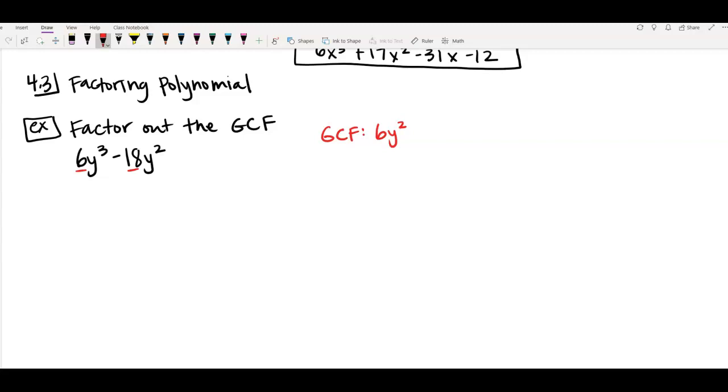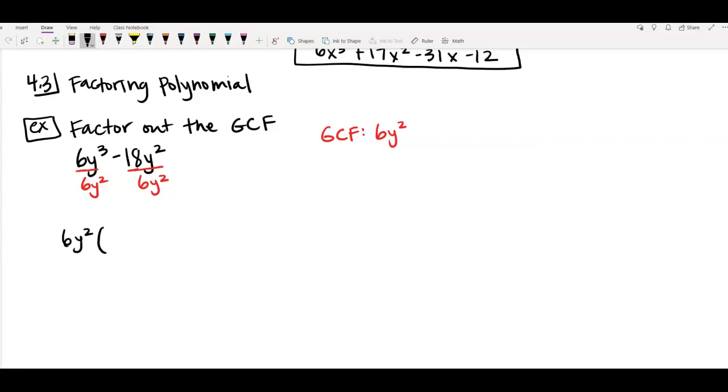All right, so some of the questions will say state what the GCF is and then factor it. All right, so when you factor out, let me just kind of write it like this. When you're factoring out that 6y squared, what you're really doing is dividing both of those terms by that 6y squared.